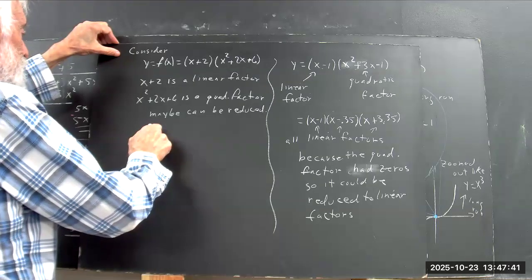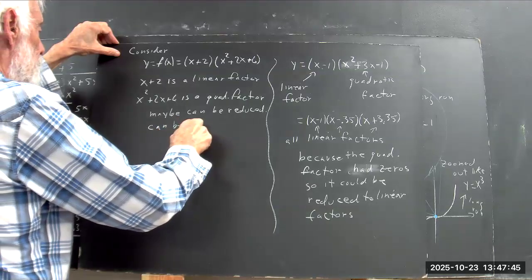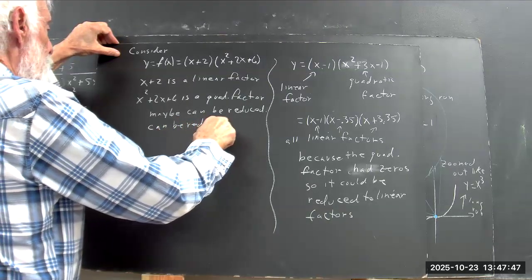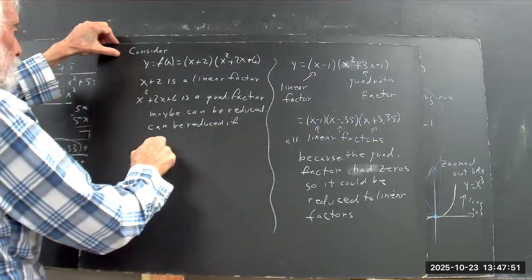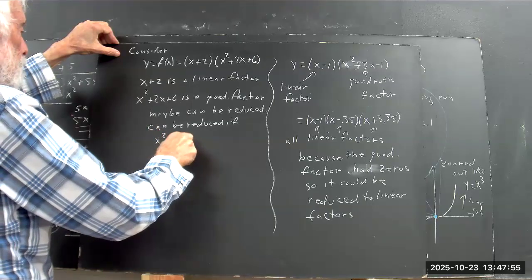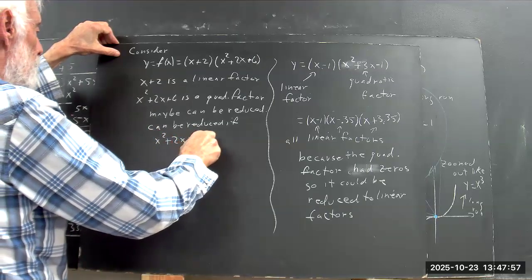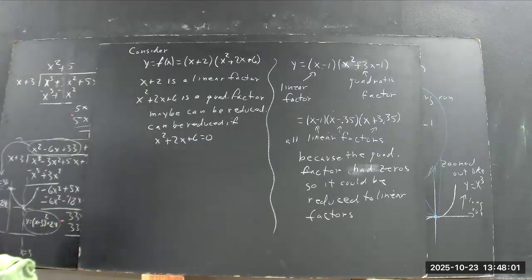In fact, x squared plus 2x plus 6 equals 0 for real numbers.